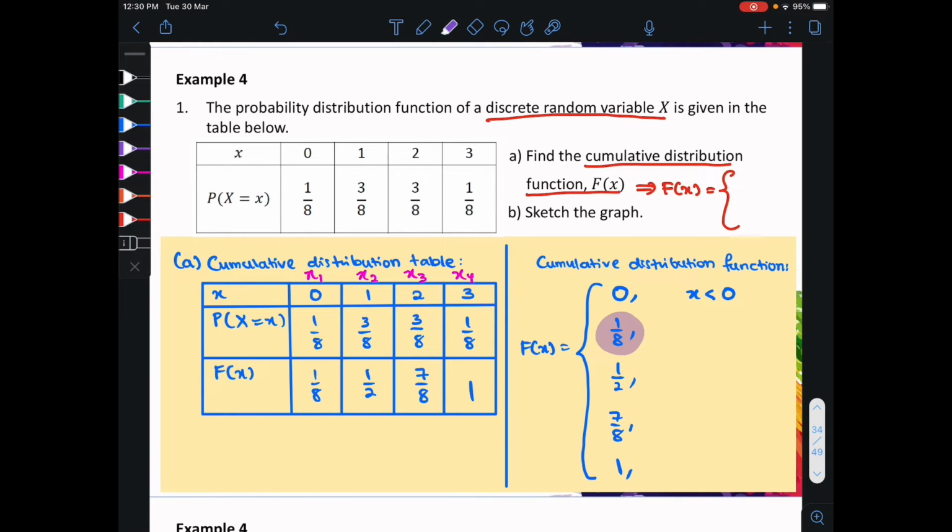When F(x) is equal to 1 over 8, x is between x1 inclusive until x2. And we know that x1 is 0, x2 is 1. When F(x) is equal to 1 over 2, the range of x is x2 less than or equal to x less than x3. x2 is 1, x3 is 2.